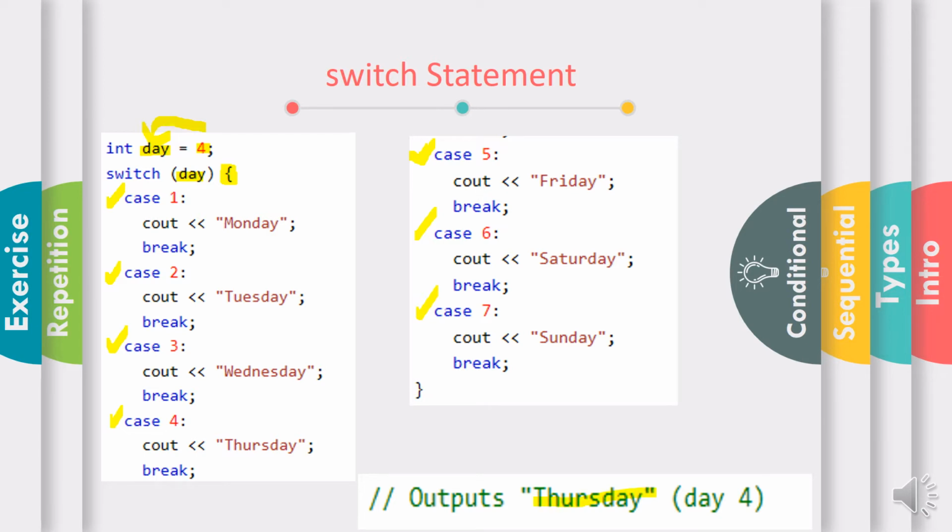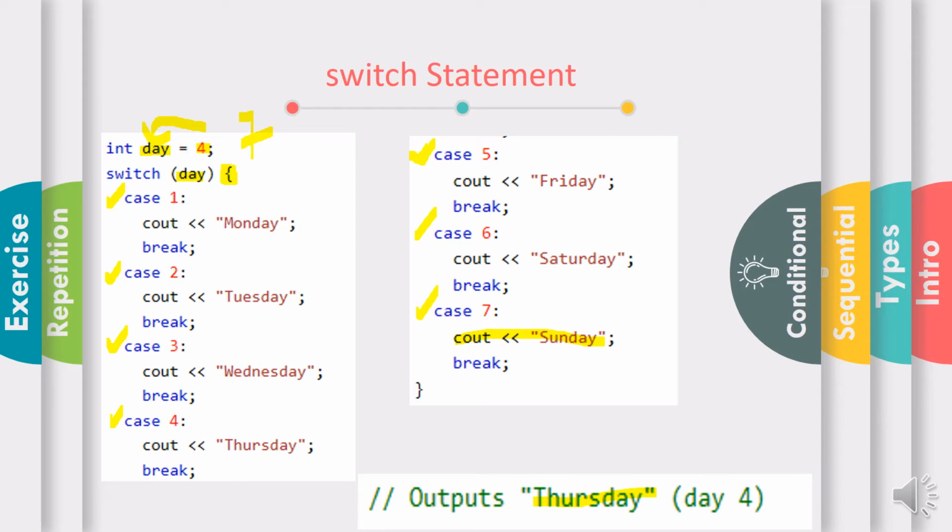What will happen if I change the value from 4 to 7? If I make this value from 4 to 7, what will be the output? Then Sunday will be printed on the screen. It means that we pass a variable or expression to the switch statement.